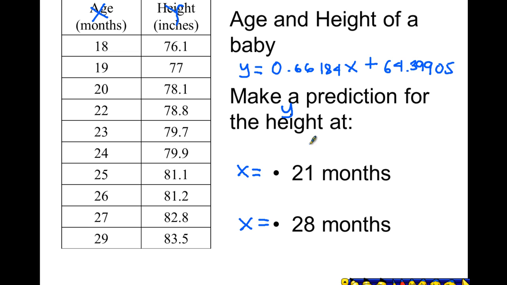So you have the option to plug in 21, your x, simplify this, and you will be able to find your y value or height. Once you're done doing that, you can now replace x here by 28, simplify this, and then that will be the value of your y, or the height at 28 months.